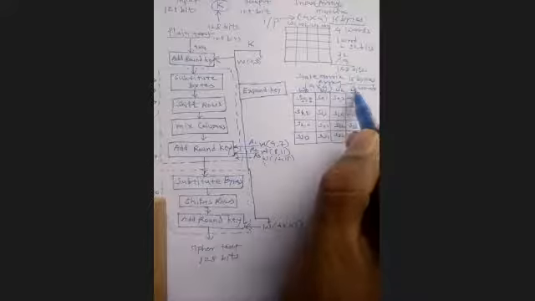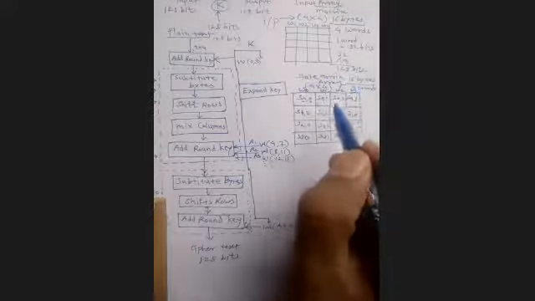So the first element is for the bytes, and the second element is for the words. Got it? So this is my 0 word, this is my 1 word, this is my second word, and this is my third word. So 0 to 3 becomes my 4 words, so that you can store all 4 words in the state array.